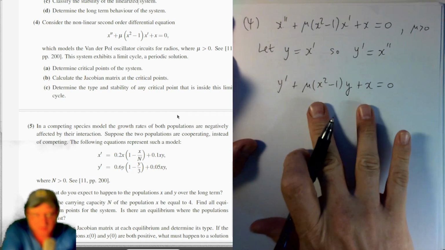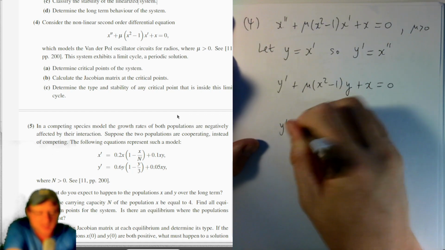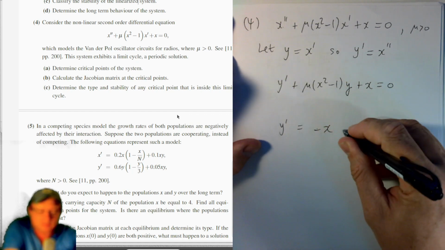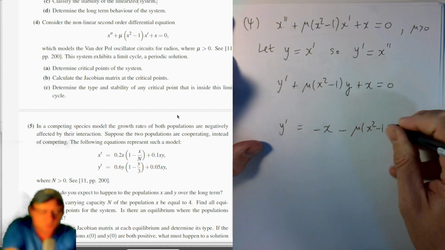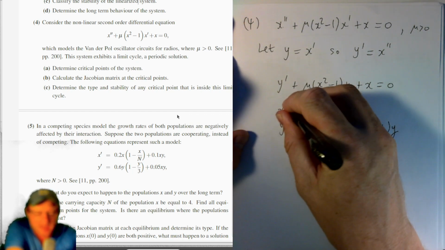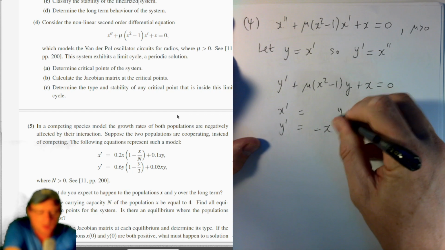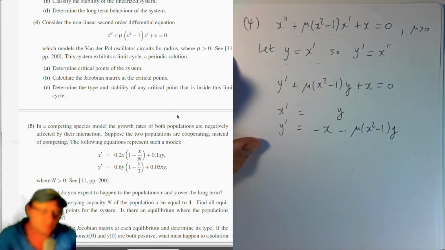Okay, so we want to take these two terms over to the right-hand side of the equation. y dash equals minus x minus mu (x squared minus 1) times y. And then above that, we will write x dash equals y, which is just this line written in reverse order.